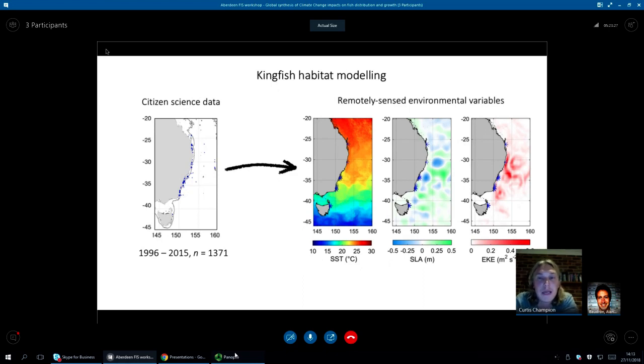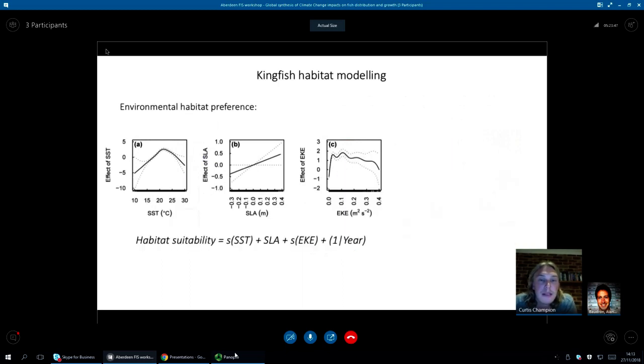we matched satellite-sensed environmental variables, and there was a large suite of these that we matched. I've got 3 here that ended up coming out as significant predictors of the distribution of this animal: sea surface temperature, sea level anomaly, and eddy kinetic energy. These were related in a statistical model, so by having the blue dots, which were the occurrence records, and the pseudo-absence dots that I mentioned, essentially gave us a binomial response variable.